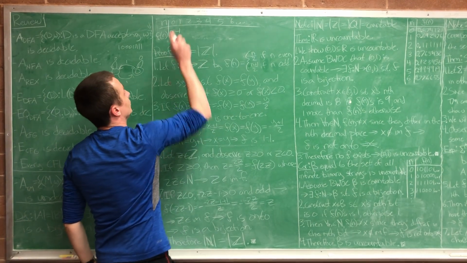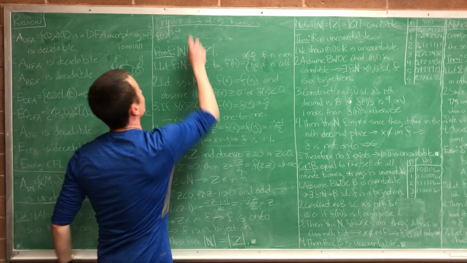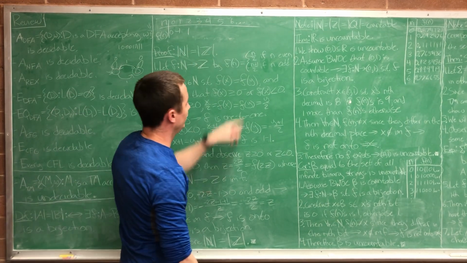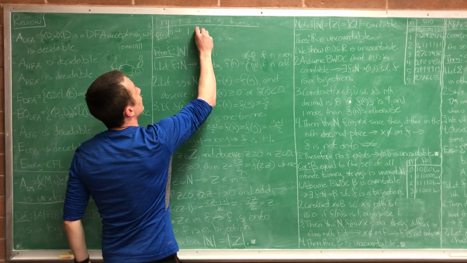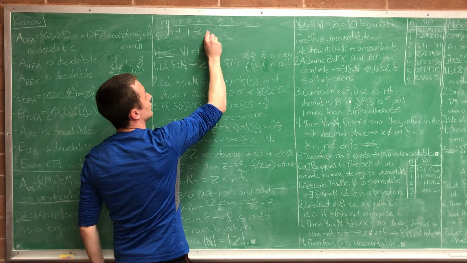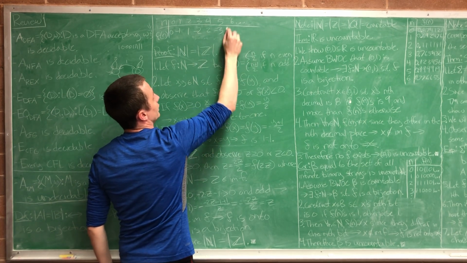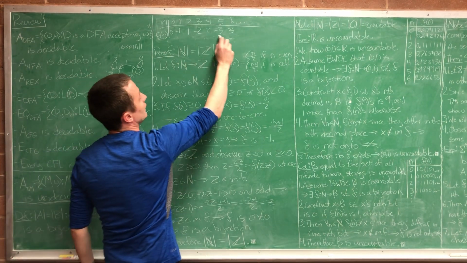So 1 went to negative 1. Okay, plug in 2. 2 is even. 2 divided by 2 is 1. So 2 goes to 1. Plug in 3. 3 is odd. 3 plus 1 is 4. Divided by 2 is 2. Make it negative. Negative 2. 4 is even, so we plug it up here. 4 divided by 2 is 2. And 5 is going to go to negative 3. 6 is going to go to 3, etc. And every integer is eventually going to get mapped to.